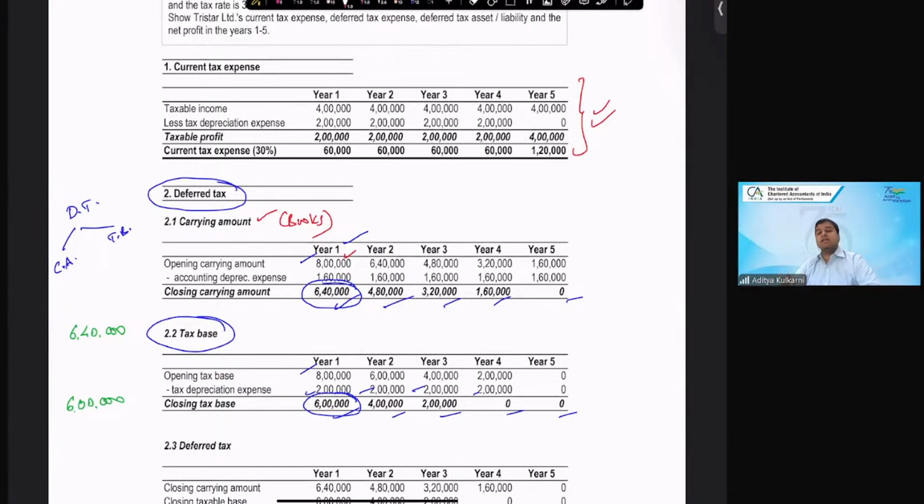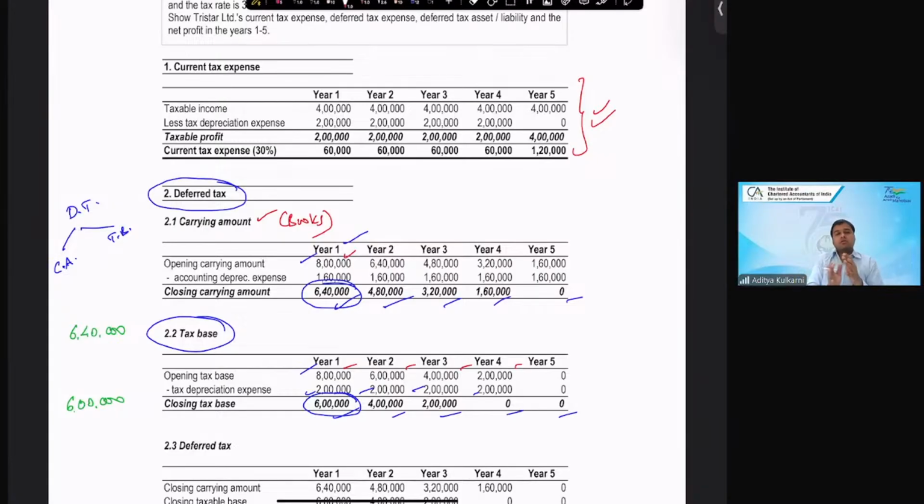Okay. Now, calculation of something known as your tax base. What is your tax base? We will look at the definition, but it is the amount attributable to an asset or liability for tax purpose. So under the tax workings, opening cost itself is 8 lakhs. Depreciation each year is 2 lakhs.